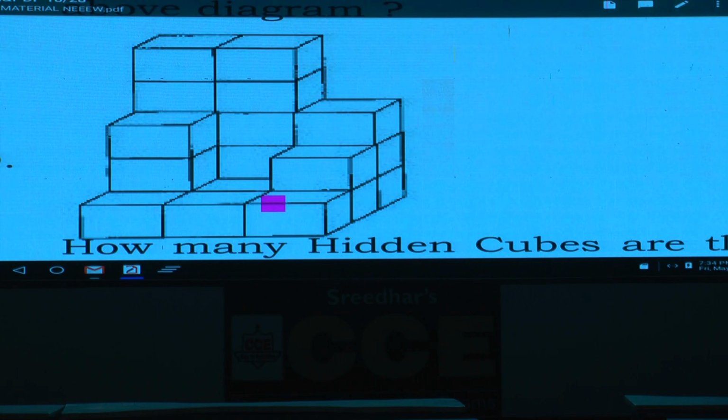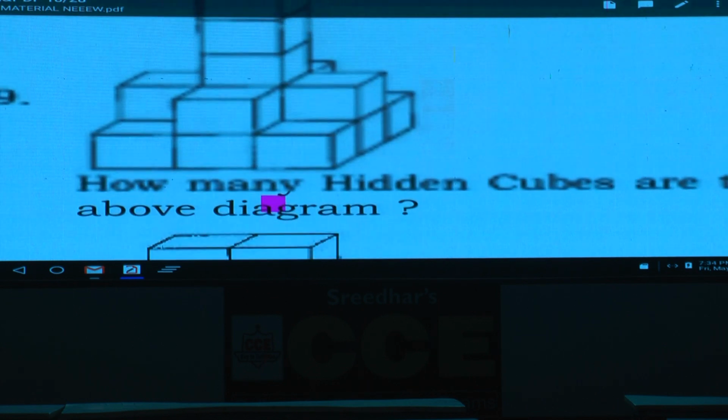Has 30 any answer? 5. Done with this 26 to 30.